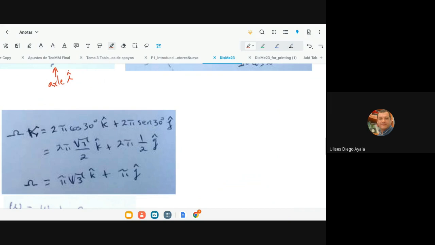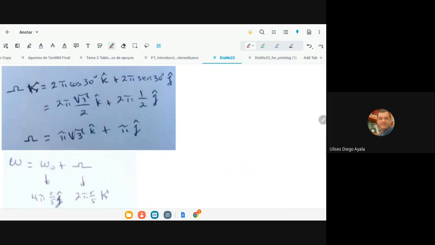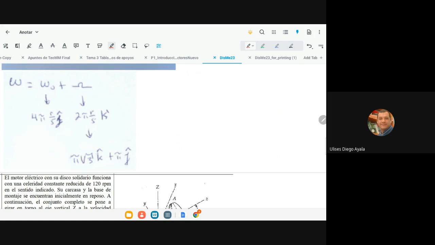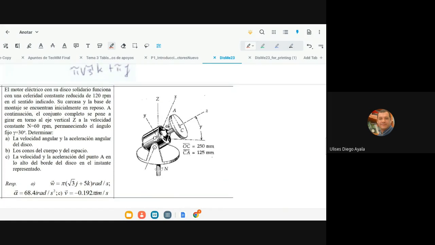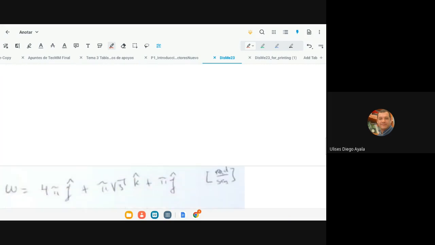As mentioned, when you have the cosine or the sine of 30 degrees, you can easily convert: a half, or square root of 3 divided by 2, and you get the value. This is the conversion. So I have this addition, and I convert this into the same axle. And once I have this, I can continue working.